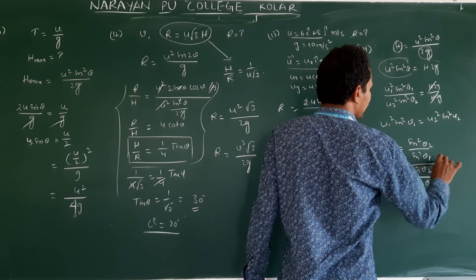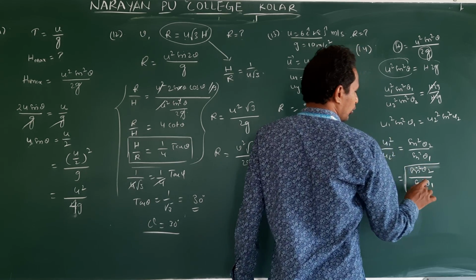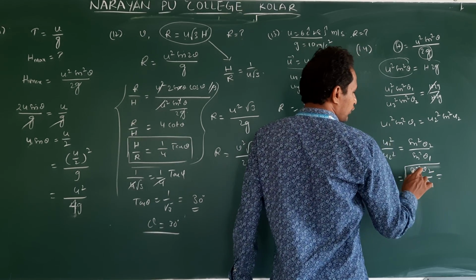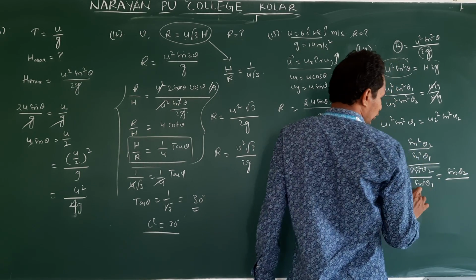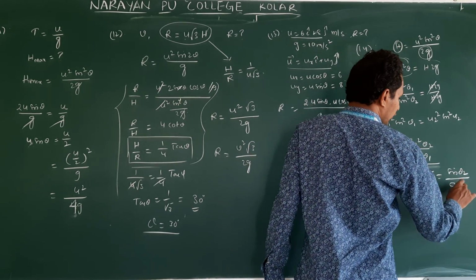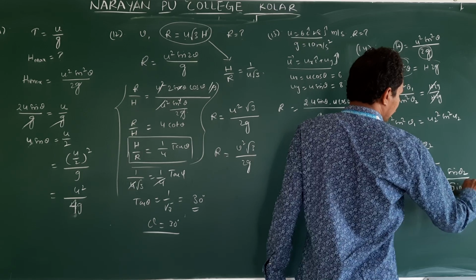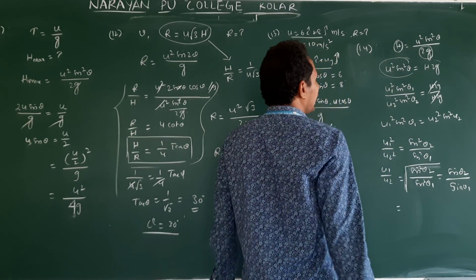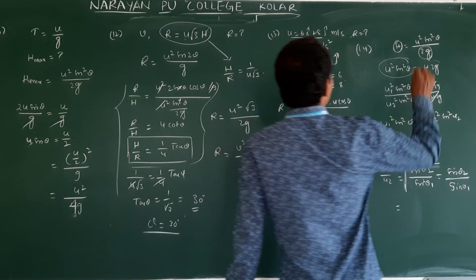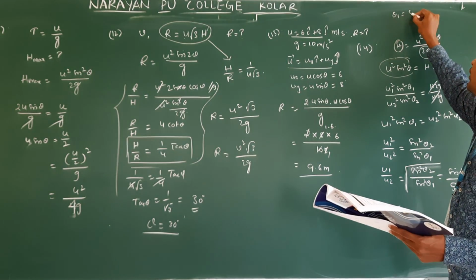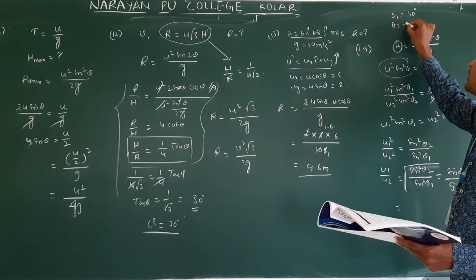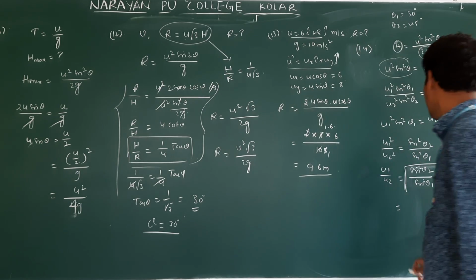If you want, I will write, no problem, the square. So both squares are there: root of sin square theta 2, sin theta 2, root of sin square theta 1, sin theta 1. Then what is theta 1? According to the question, theta 1, the first angle, is 30 degree and theta 2 is 45 degree.